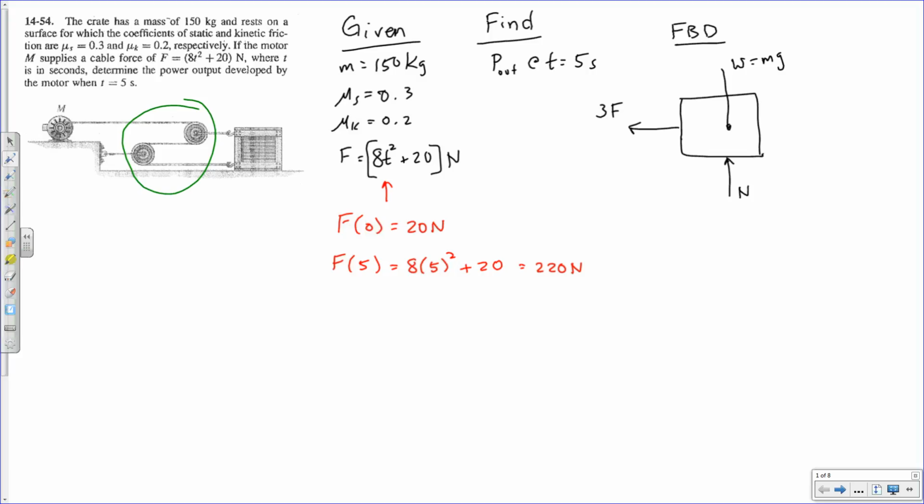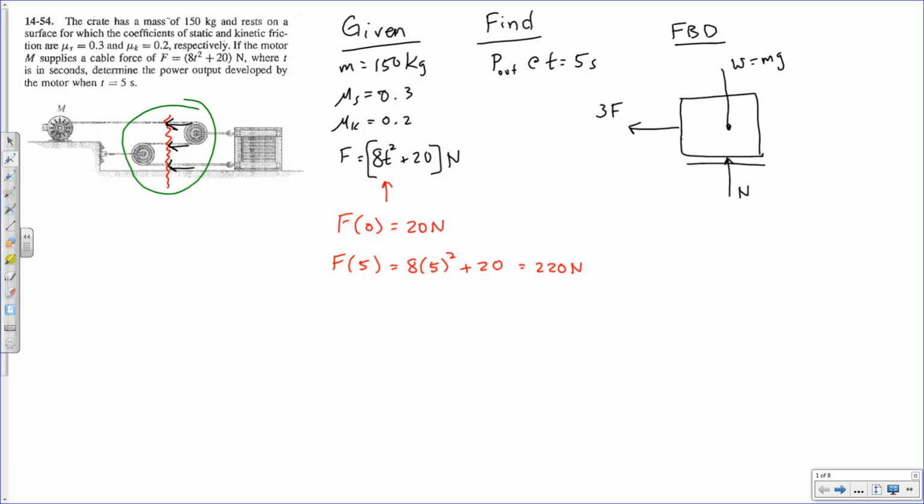Because if we were to fictitiously cut this rope, in our minds we know that there's a tension force there, a tension force here, and a tension force down there. All 3 of those combined work together to pull the crate towards the left. So there's actually 3 times that time dependent force pointing towards the left, pulling on the crate itself.